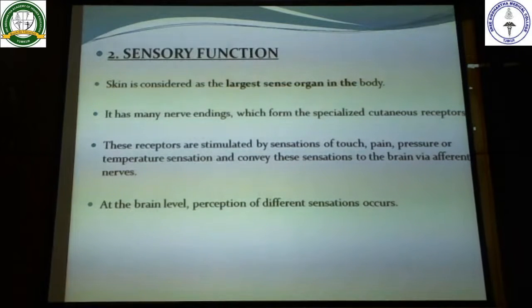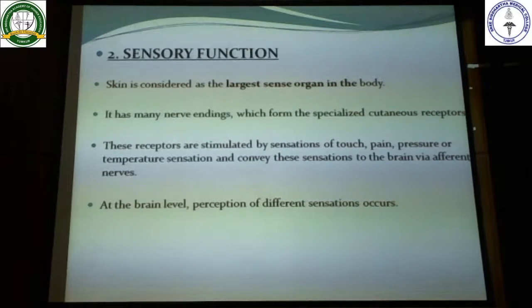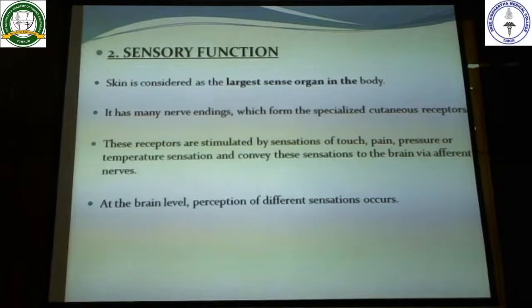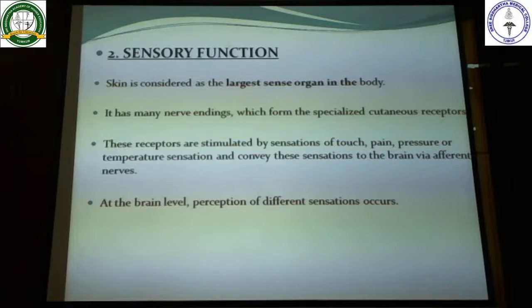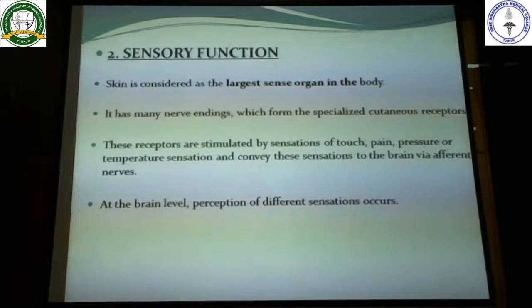All these sensations stimulate the cutaneous receptors present on the skin, and they are conveyed to the brain by the various afferent nerves, and finally at the brain level, the perception of the various sensations occurs. So this is the second function of the skin.